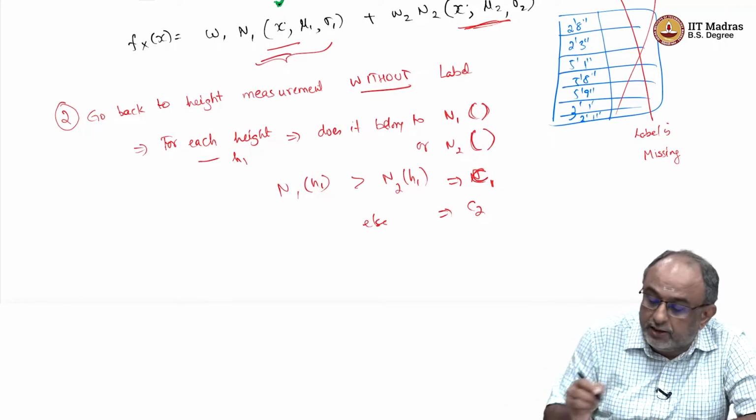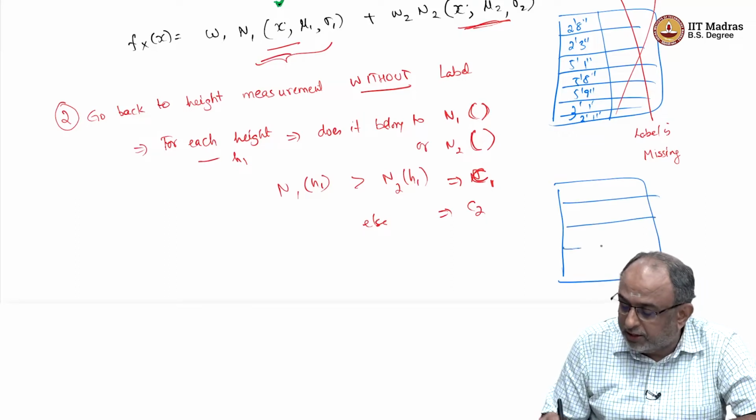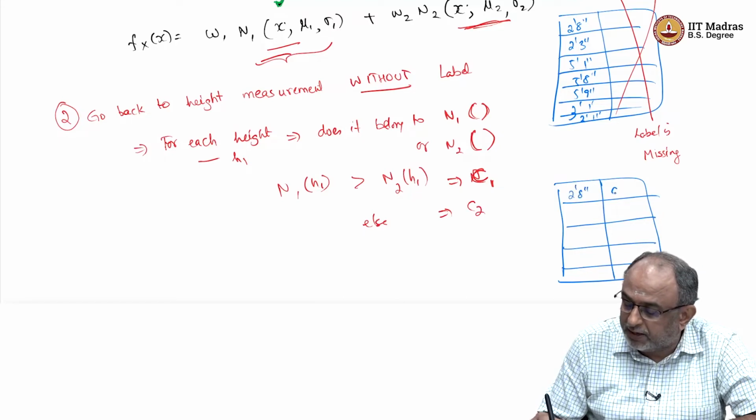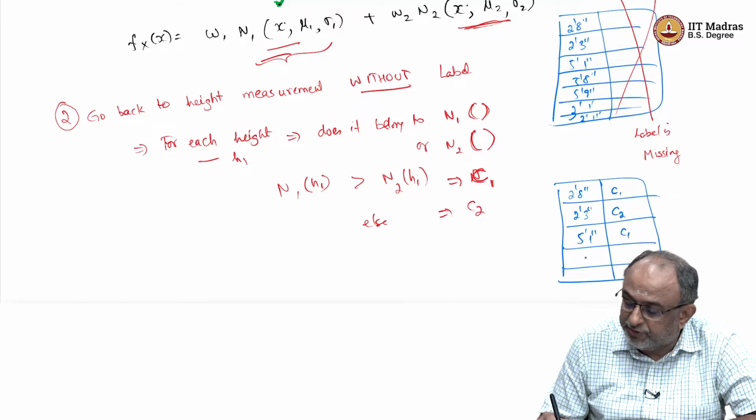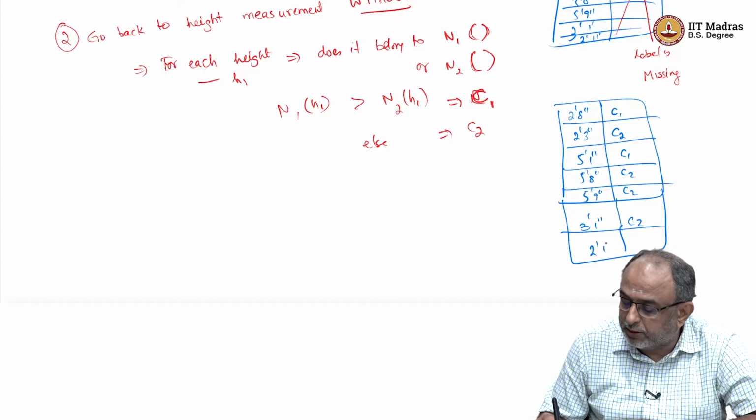Therefore, my population now will start getting some labels. They may be wrong labels, some of them can be completely wrong. So, I will get 2 feet 8, that might be categorized as class 1, 2 feet 3 might get class 2. Then 5 feet 1 might again become class 1, 5 feet 8 might become class 2, 5 feet 9 can become class 2, and again 3 feet 1 can become class 2, and 2 feet 1 can become class 1.